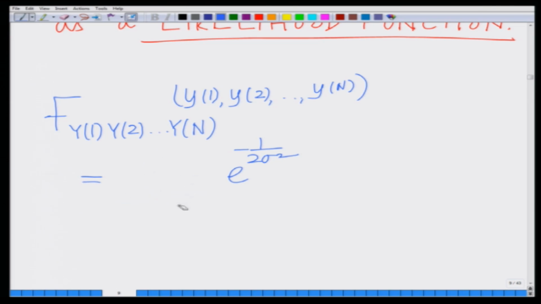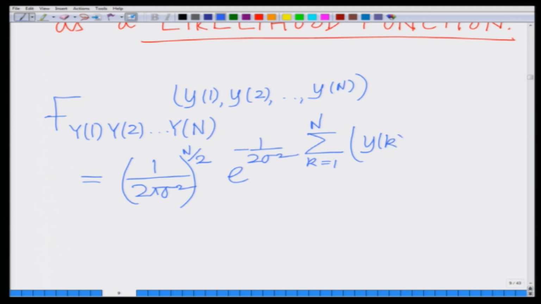In fact, this is 1 over 2 pi sigma square raised to the power of n by 2 e raised to minus 1 over 2 sigma square, summation k equals 1 to n, yk minus h whole square. This is a function of the unknown parameter h.